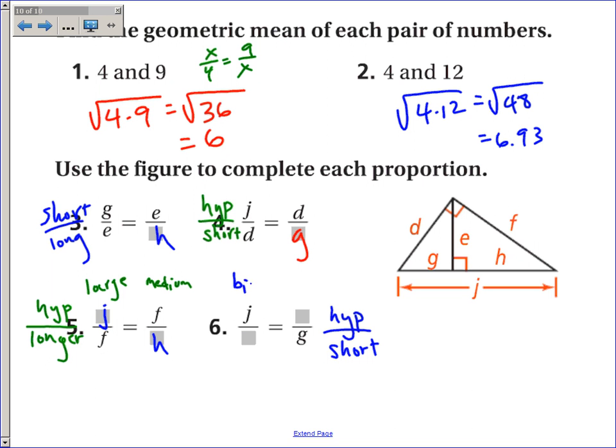So this is the big triangle, and this is the small triangle. So what is the short side in the big triangle? The short side in the big triangle is D. And in the small triangle, the hypotenuse is also D. So looking at the big and the small, the hypotenuse over short is the ratio we're looking at. Okay, that wraps up our discussion about similarity in right triangles.